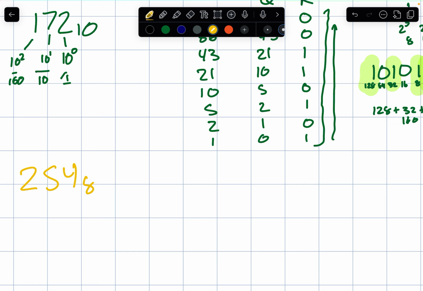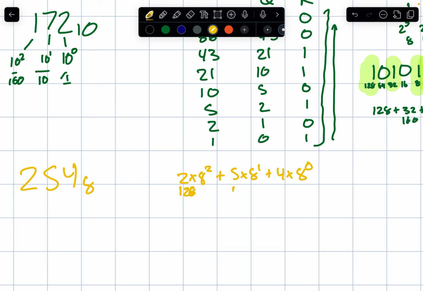We're going to use the same exact formula that we just applied to convert it back to base 10. So do 2 times 8 to the second plus 5 times 8 to the first plus 4 times 8 to the 0. So we get 128.